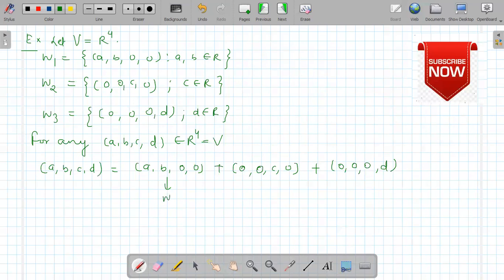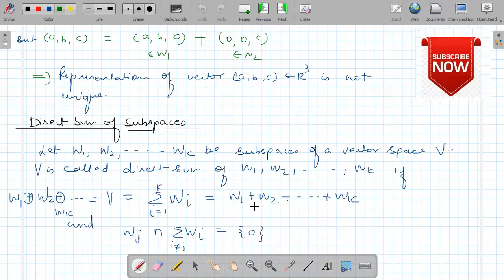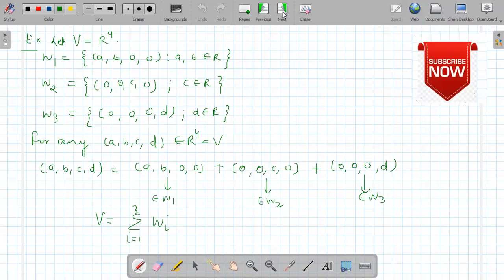This belongs to W1, this belongs to W2, this vector belongs to W3. So clearly V is the sum of the Wi's. This condition was the first condition. We have to check the second condition.